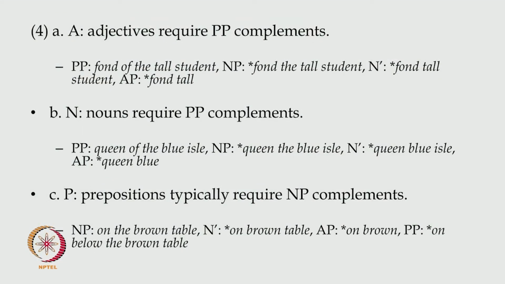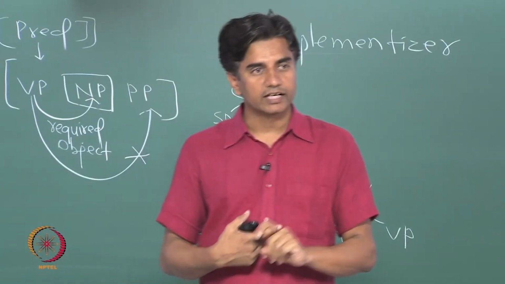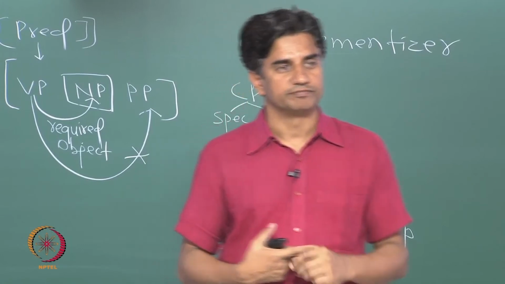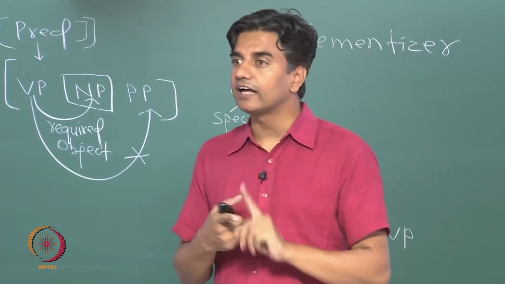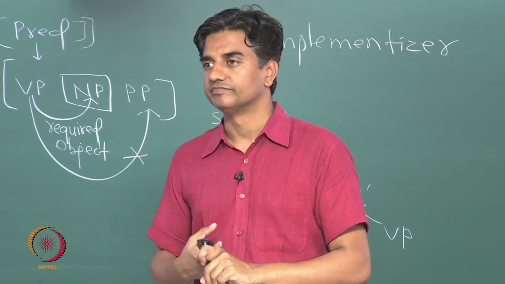We can say fond of tall students. Okay? But we can never say fond the tall student. Understand? Right? I can say I am fond of sweets. Right? I can never say I am fond sweets.